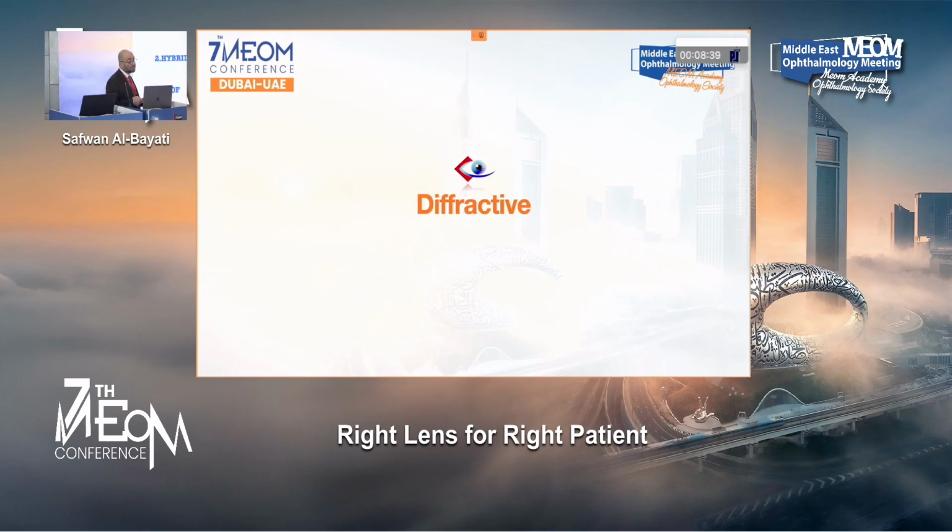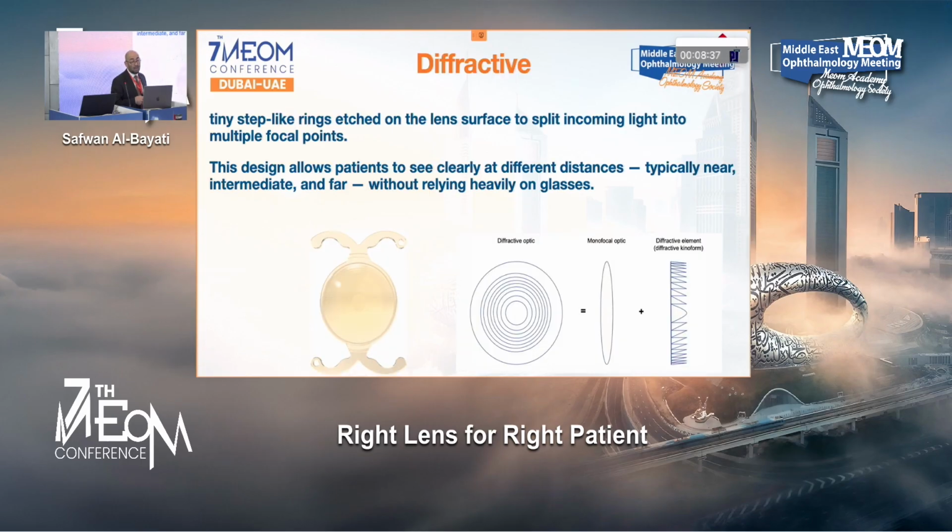So the diffractive, as we know, is apodizing, and it has a long history, and it shows the central zone for the near, and apodizing to the periphery, to the peripheral vision. That spikes.